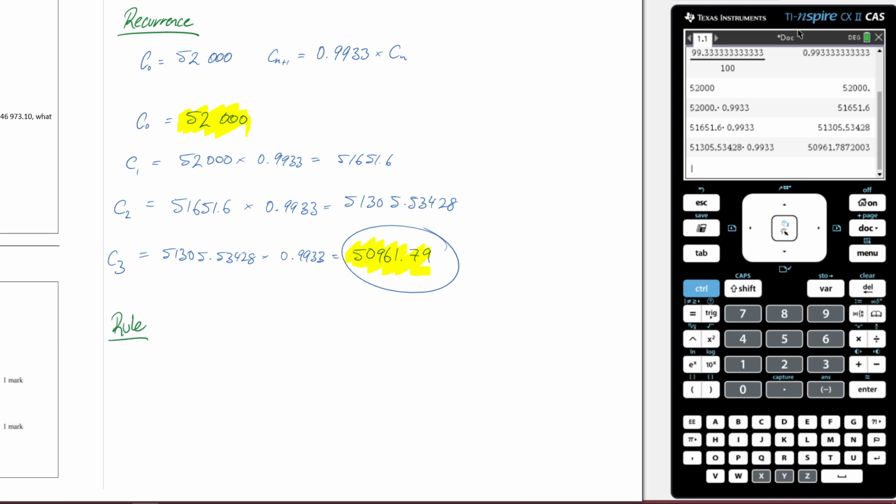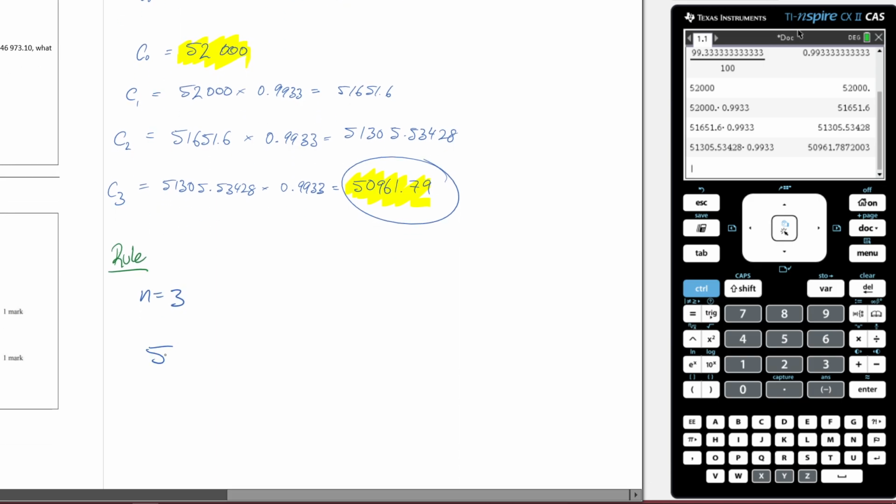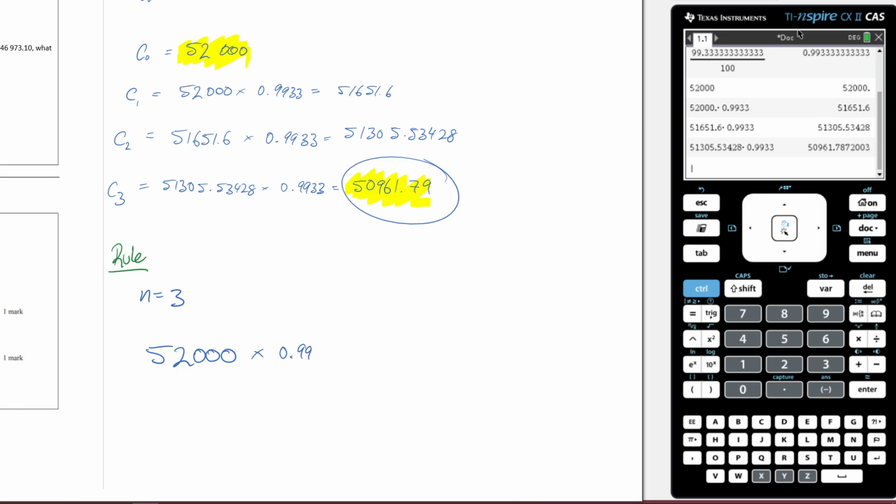If I wanted, using my rule, to figure out what this is going to be worth after 3 months, I could take my initial amount, 52,000, and times it by 0.9933, times it by 0.9933, times it by 0.9933. Because I'm finding out the third month, I have times it 3 times.